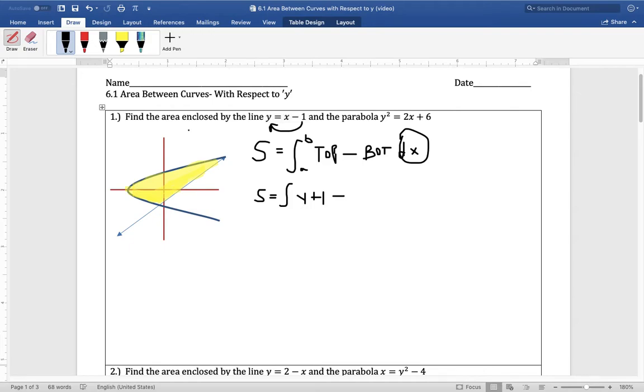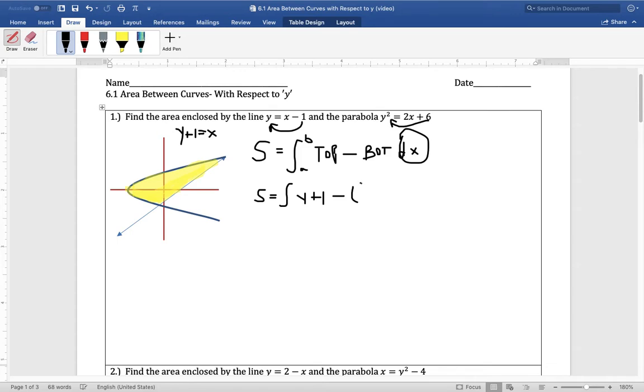Because I could write it out for you. You'd get y plus 1 is equal to x. I'm trying this out with this pen here. It takes a little bit. So y plus 1.